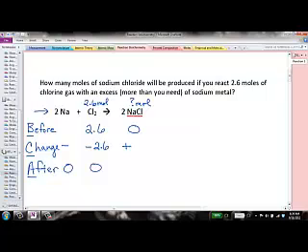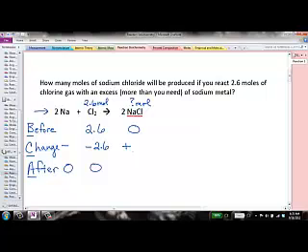Here, I want to know the change in the sodium chloride. Well, that's where I'm going back up to the ratio that's defined by the balanced equation. Even though this is a real simple ratio, I'm going to go ahead and write it out so that you can see where it's coming from.